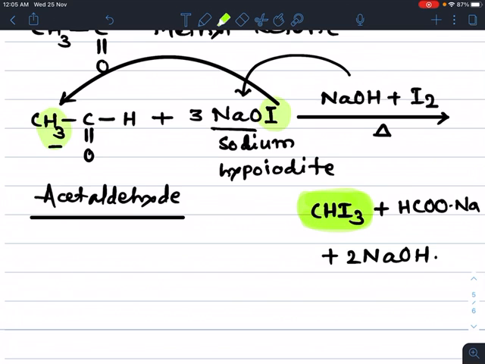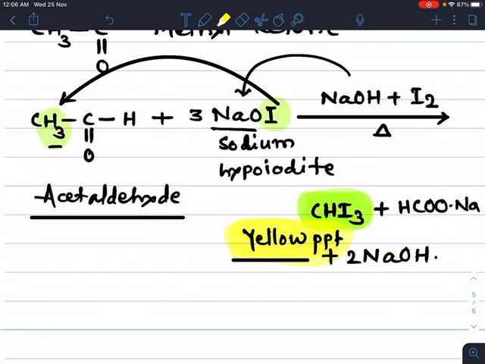When this iodoform is formed, a yellow precipitate is formed, and we can identify the presence of the methyl ketone group in the aldehyde or ketone.